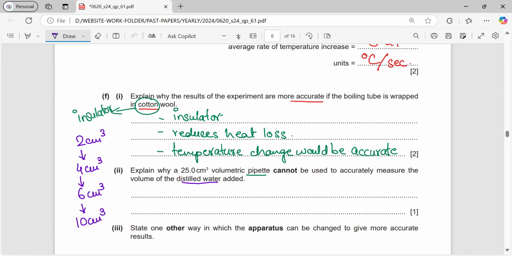So the water volume is continuously changing. For the changing volume, we cannot use a pipette. So we can write that the volume is not fixed. We use a pipette to measure a fixed volume.